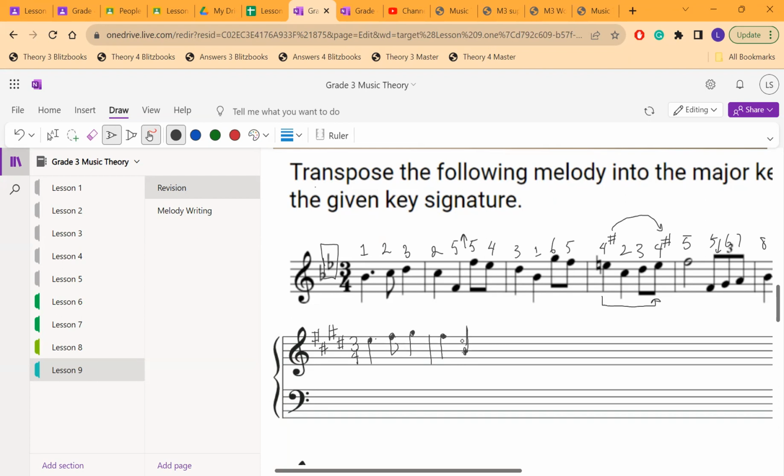You know how I told you that you can check intervals between notes? This is what I'm talking about. When you're confused about which note to use, you can think of it like this. This is a perfect fifth, so this has to be a perfect fifth as well. So in transposition, all the notes' pitch is different, but the tonality is the same.